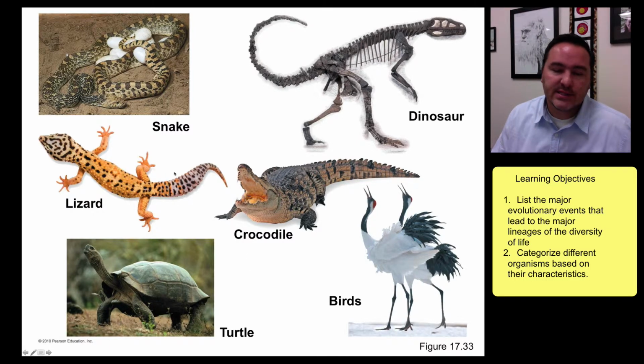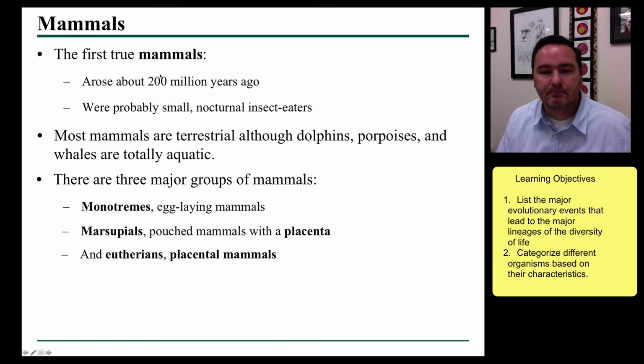And so this leads to things like crocodiles and dinosaurs and lizards and turtles and birds as well. Now snakes, of course, lost their legs secondarily, but ancestrally snakes did have legs. In fact, in some snakes you can still see the vestigial structures of a hind limb.